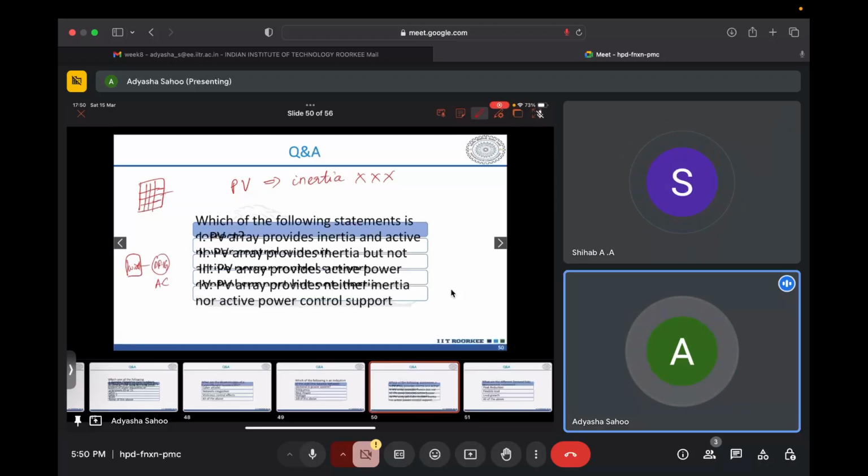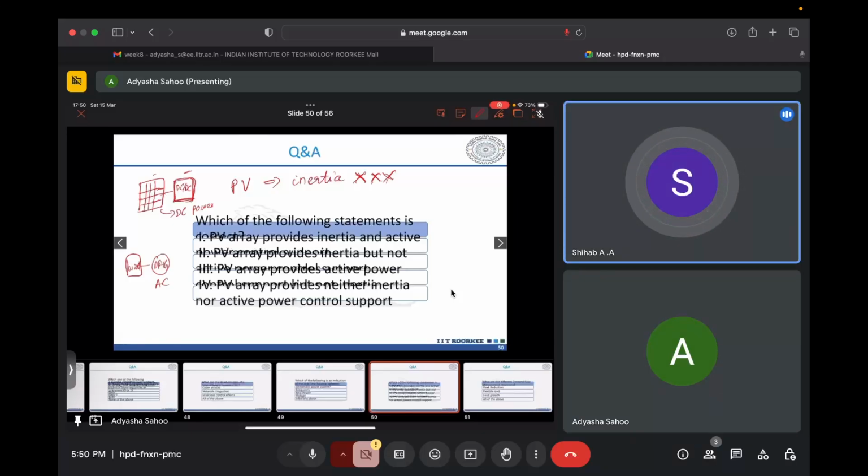In a PV panel, you have a converter, a DC-DC converter or DC-AC converter, and it gives you DC power. There is only a panel and a converter. This converter is also a power electronic device, with MOSFETs and switches. So no rotating mass or rotating part is involved with it.